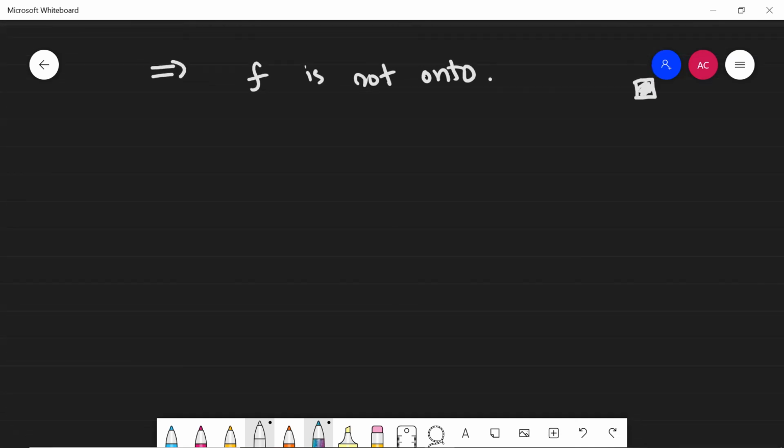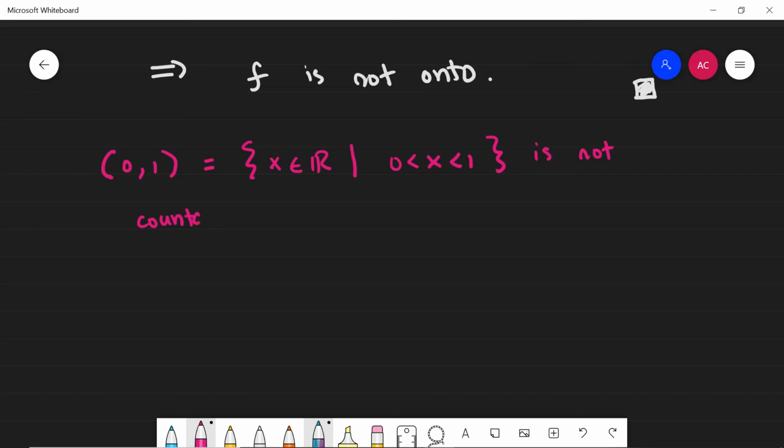An immediate corollary is that the open interval from 0 to 1, the set of all x in R with 0 strictly less than x strictly less than 1, is also not countably infinite.